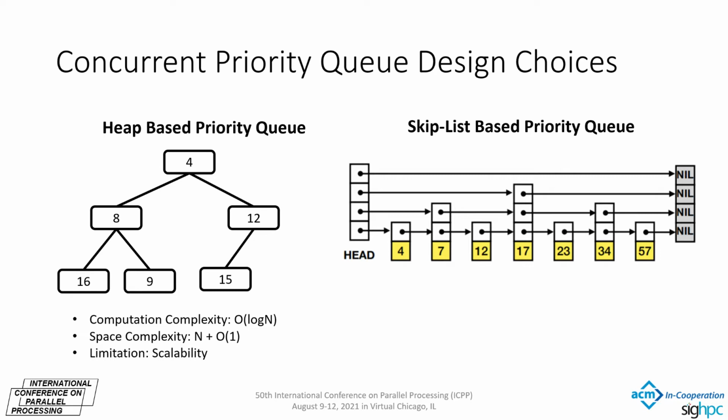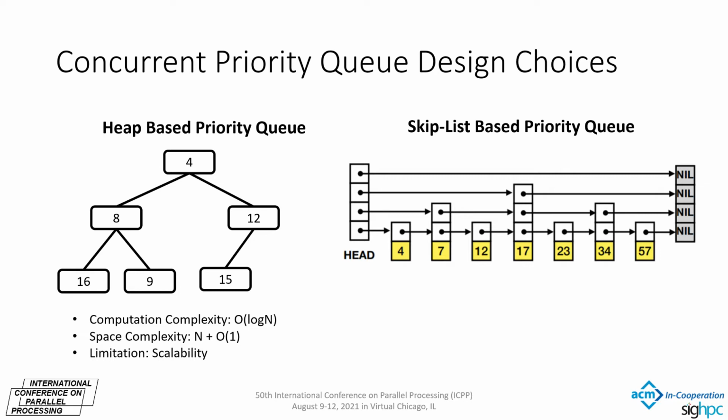Shavit and Lotan were the first to propose a skip list-based priority queue. In their work, a crucial observation is that as soon as a node has been successfully inserted into the first level, we can guarantee the correctness of the data structure. Therefore, both insert and delete min operations can be split into steps to avoid contention on the same level.